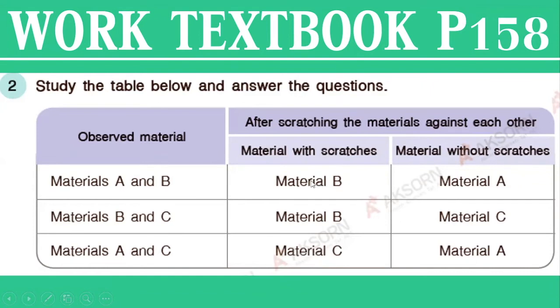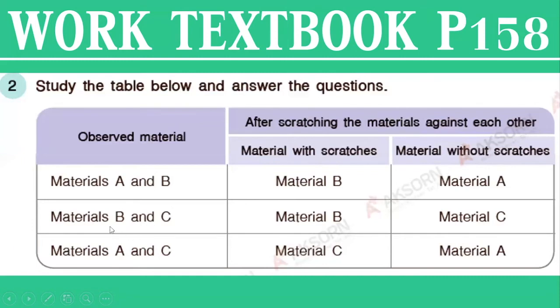The property of hardness is the ability of a material to resist scratches. So if B has scratches and A has none, it means A is harder than B.